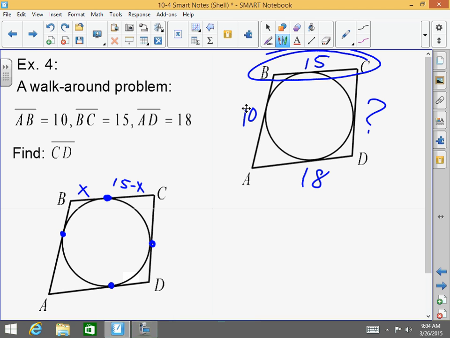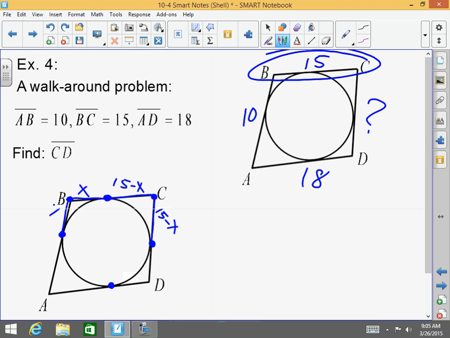Now check it out, guys. Isn't this a two-tangent theorem? So what is C to this point of tangency? 15 minus X. Now, if from the point of tangency to B, that's X, what would B to this point of tangency be?